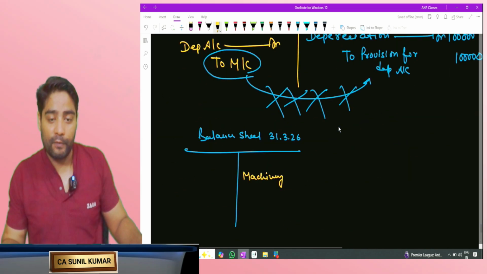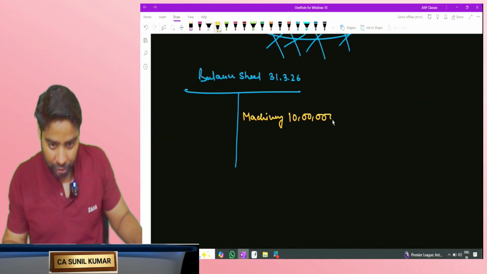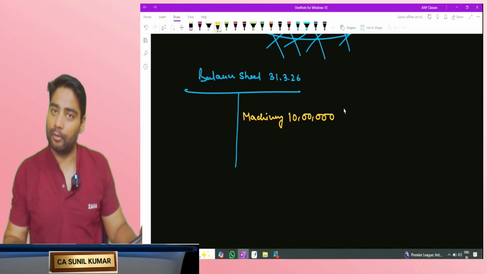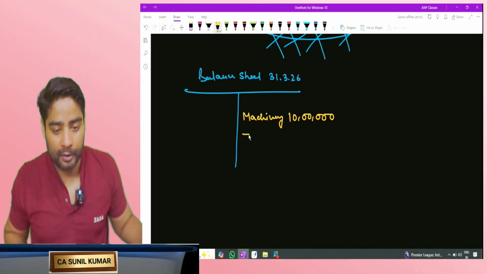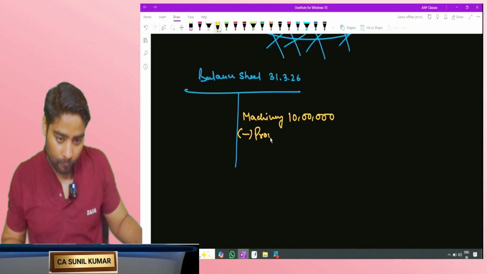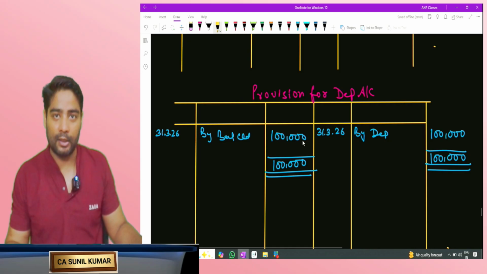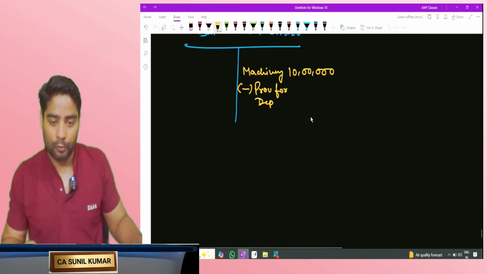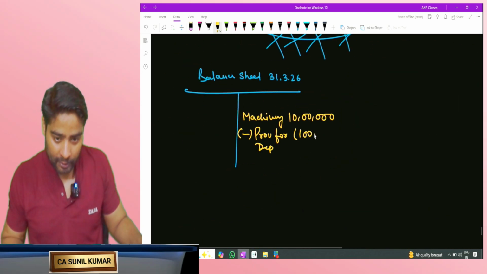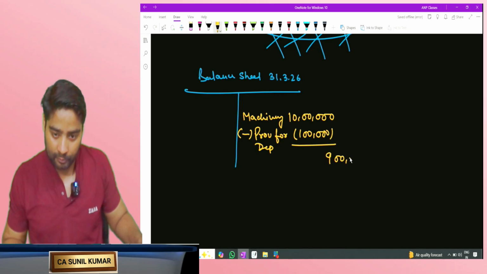So we will show machinery at rupees 10 lakh. And from here, we shall deduct the balance of provision for depreciation. It was 1 lakh. So we shall deduct 1 lakh and show the value at rupees 9 lakh.